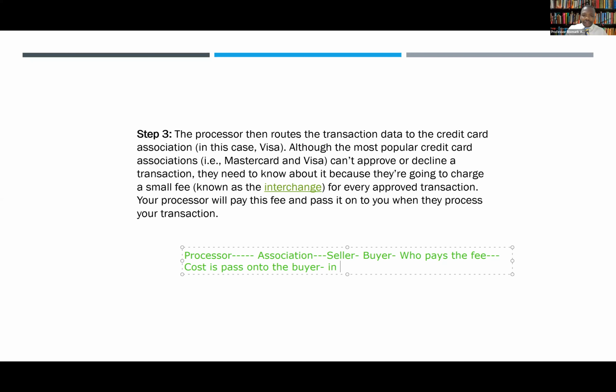And the price, we call it the price build up, is where you're gonna be able to see the actual cost that is built up. Many times, the majority of the time, the buyer is not going to see the exact cost.